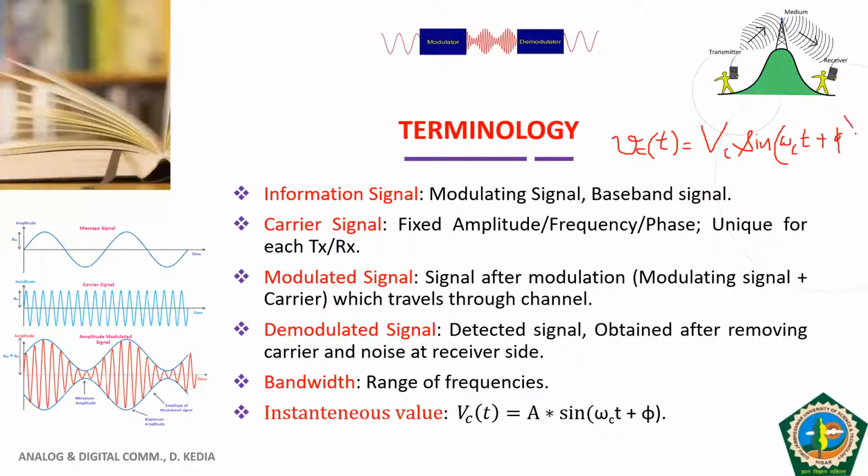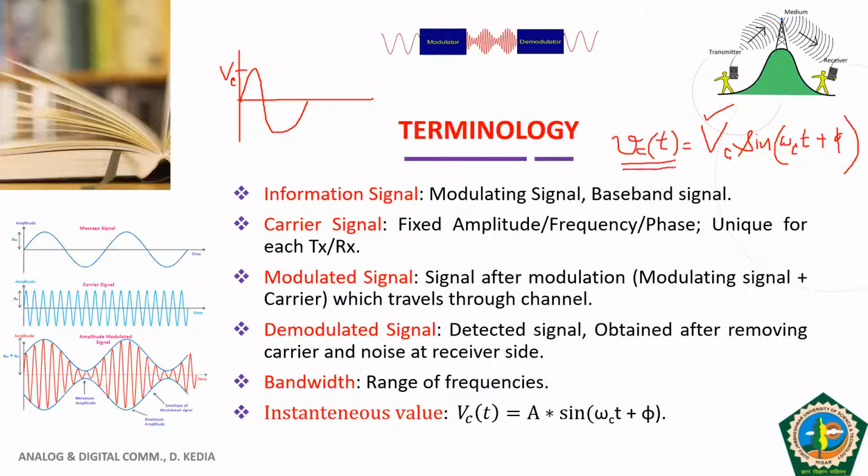If you have such a thing, then look at this sine wave. The maximum value of this sine wave is the amplitude, that maximum value is V C. Omega C is the frequency of this sine wave, phi is the phase, and what is v c t?